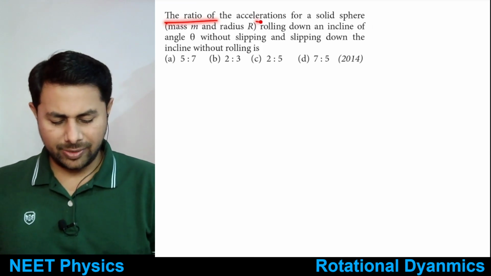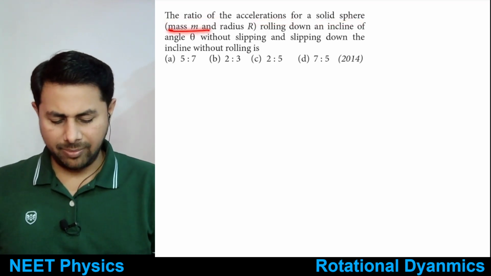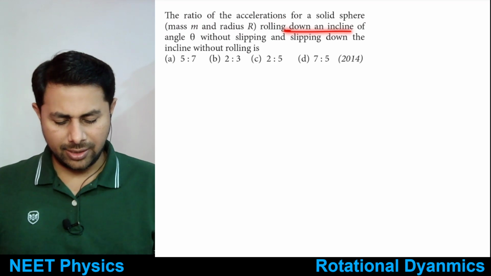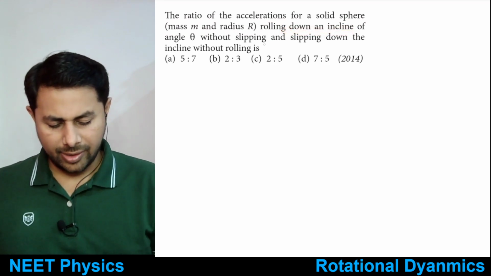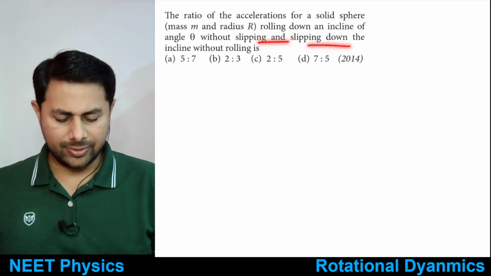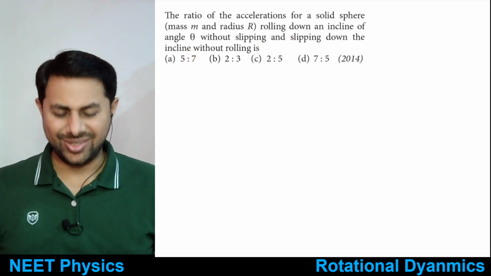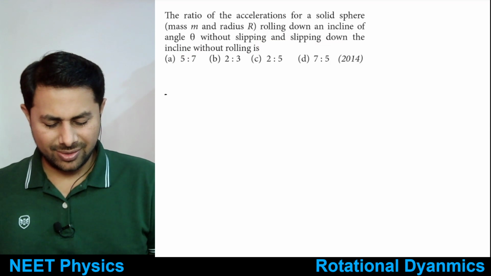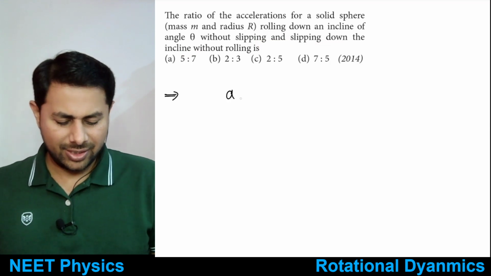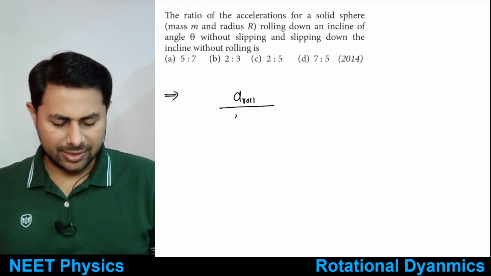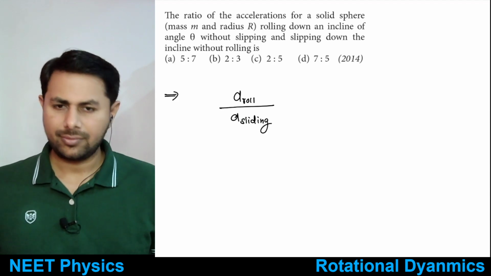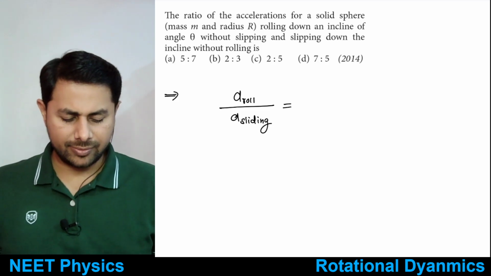The ratio of accelerations for a solid sphere of mass m and radius r rolling down an inclined plane at an angle theta without slipping, and sliding down the incline without rolling. So this is just the acceleration in rolling motion divided by the acceleration in sliding motion. That's what you want to find.